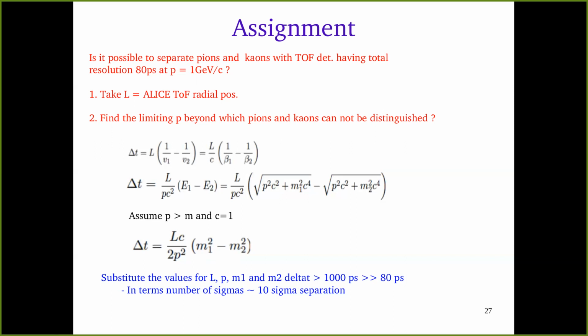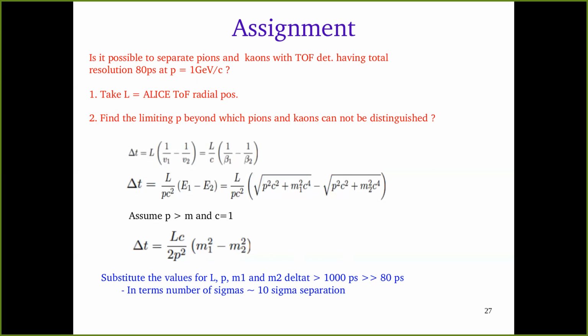Now, if you substitute the values here, what you get is that the delta T that you measure is a very large quantity, maybe very unreasonable, but for the sake of explanation and simplicity, you get a quantity of about 1000 picoseconds, and this is obviously much greater than your detector resolution, which we have considered around 80 picoseconds.